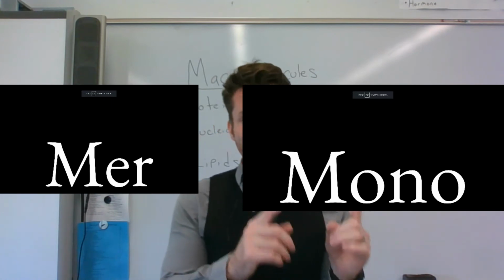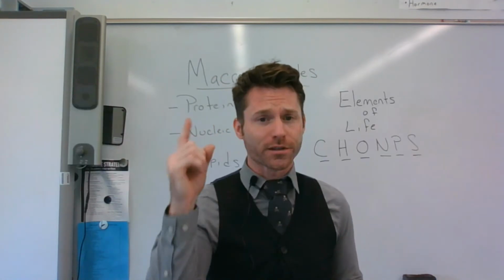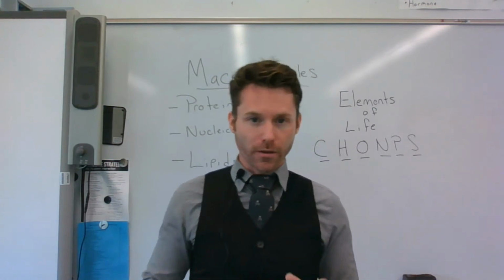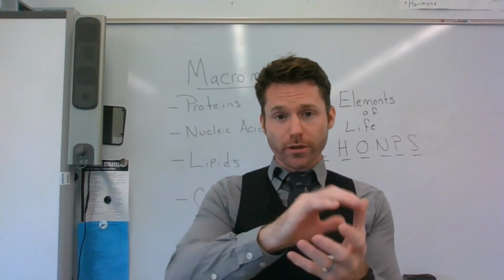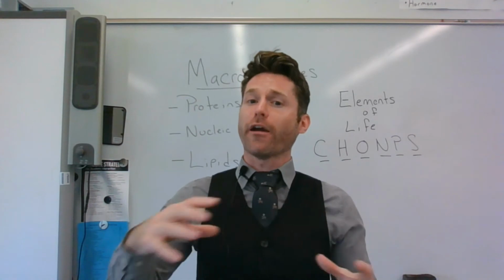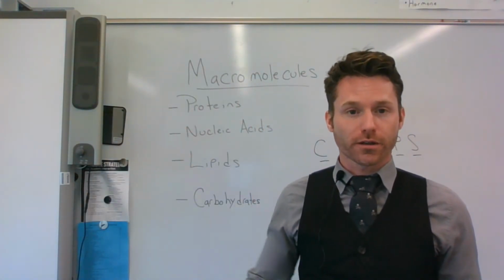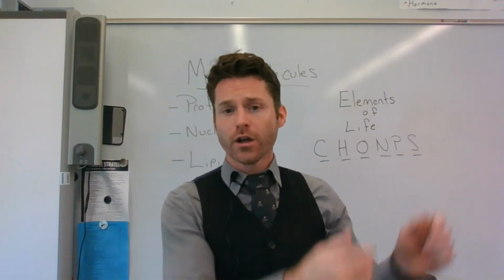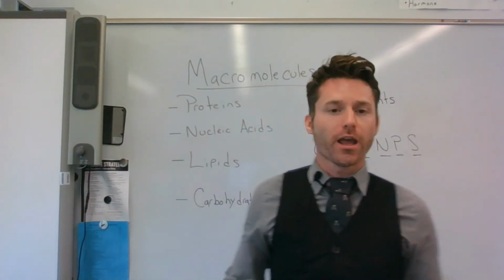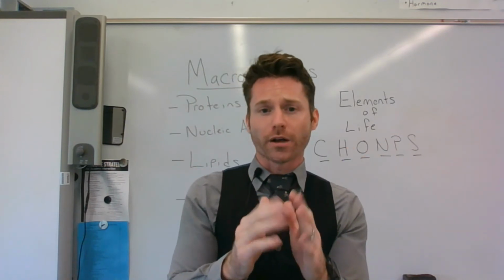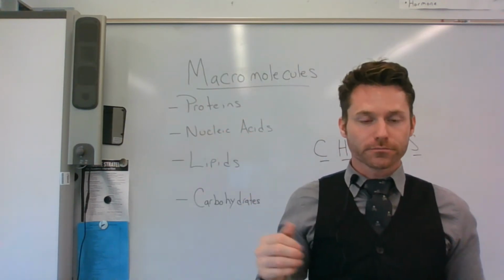Mono as a prefix means one unit, a single unit. And so you get these individual building blocks that come together in various ways to form each of these macromolecules. So if you hear me say polymer, I'm talking about the big unit. And when I say monomer, I'm talking about the individual building blocks of each unit.